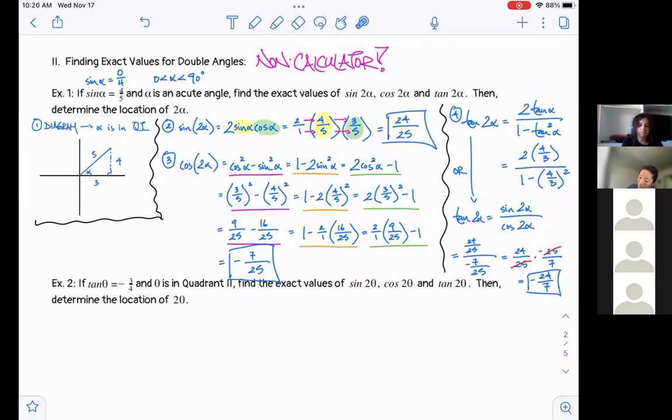All right, last question here. Determine the location of 2 alpha. That is, I want to know what quadrant 2 alpha is in. Okay. Well, how do I know that? I have a positive sine value, a negative cosine, and a negative tangent.